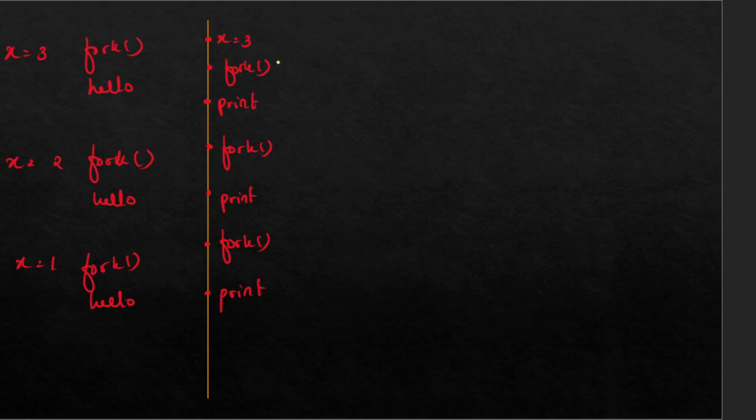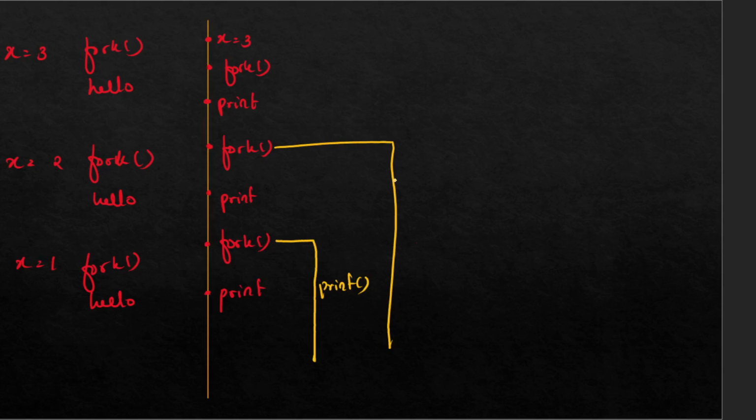Now what will happen for this particular fork call? From this fork call, again we will have a print. From this particular fork call, we will have a print, and we will have a fork call inside, which is this one. Again, for this we will have a print, and this fork call will have a print again.